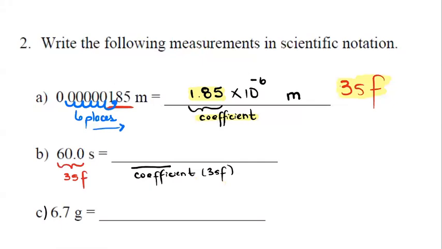Now, in this measurement of 60.0 seconds, I only need to move my decimal place, in this instance, from right to left, only 1 time in order to now have the decimal place live right here. So when I write my coefficient, it's going to be 6.00. Those zeros after the decimal place are significant because they are after the first non-zero digit.